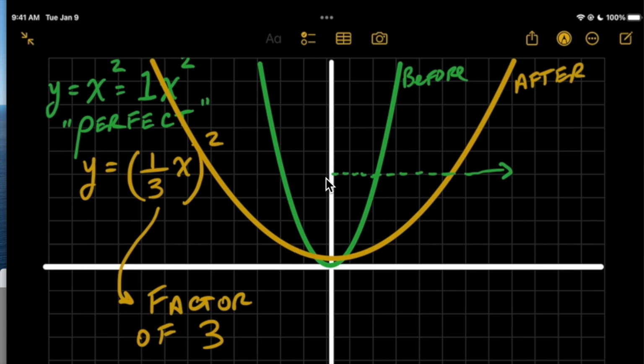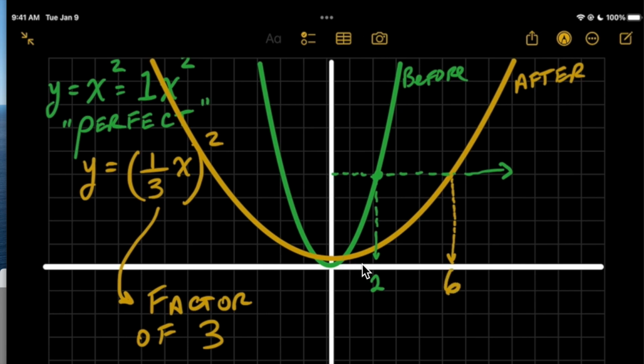If we look at this same y value and we look at the before x value, it's going to be here. Let's call that 2. Now, if we look at that same y value and we look at the after, that x value is now 6.